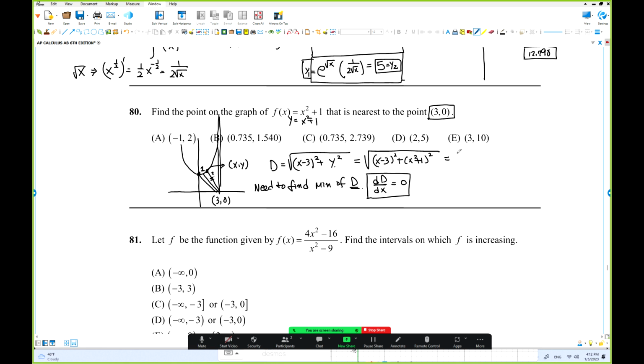Maybe you can simplify first. x minus 3 squared is x squared minus 6x plus 9. The second one is x to the 4 plus 2x squared plus 1. A little more simplified: the highest degree is x to the 4, then 2x squared plus x squared, 3x squared, minus 6x, plus 10.